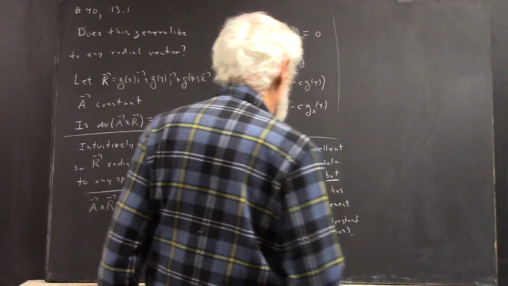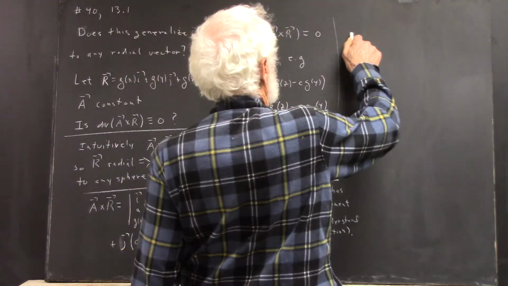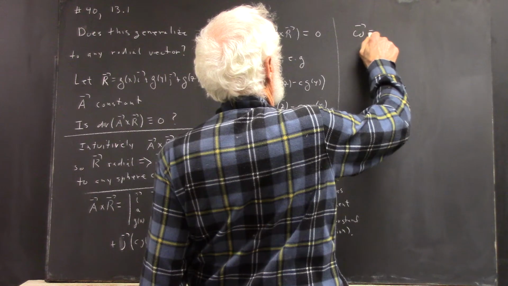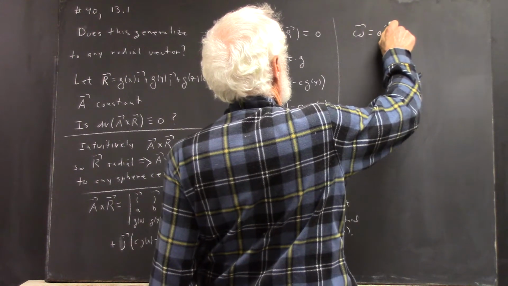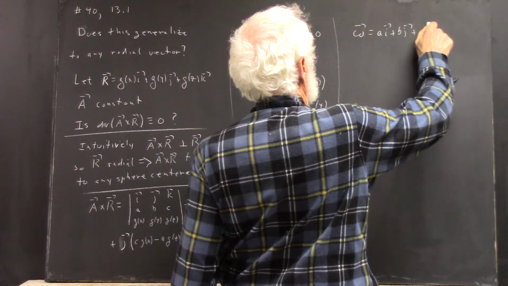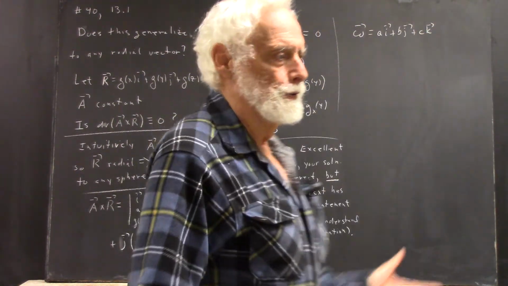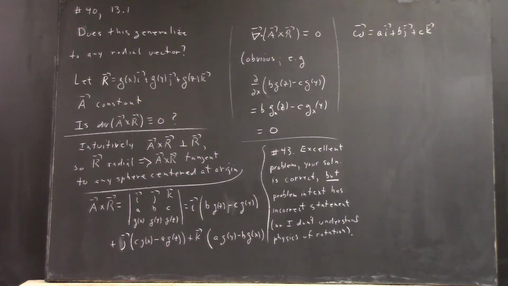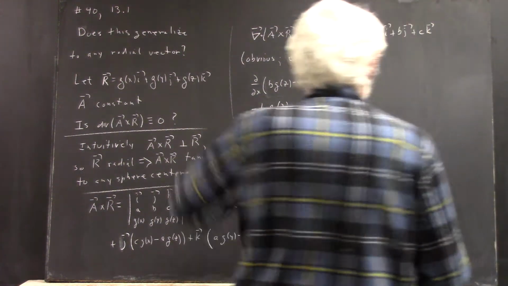Okay? It says that angular velocity omega equals ai plus bj plus ck, and I'm not sure it used a, b, and c. What letters did it use? Yeah, it did. I think it did. Yeah. Okay. Standard letters.